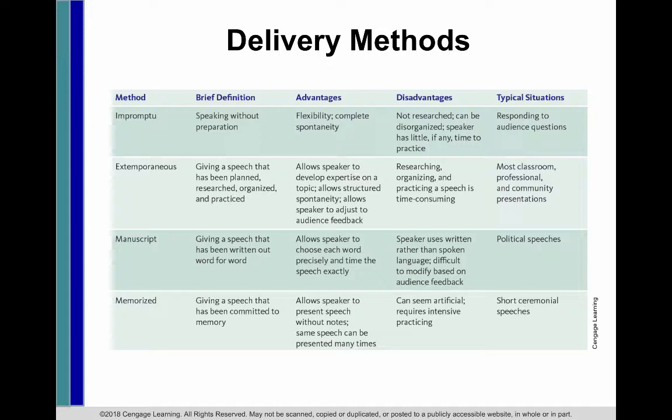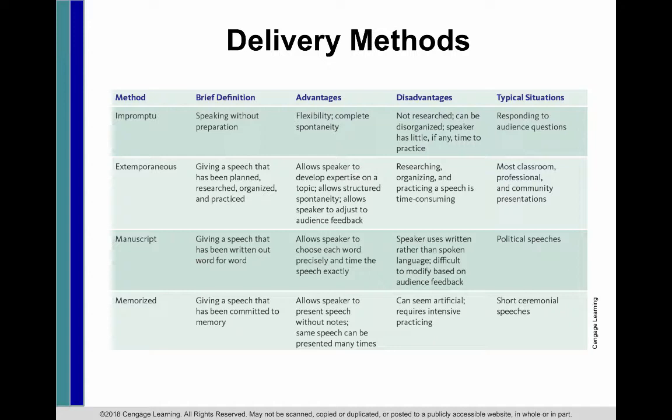The other 2 types of delivery methods are best used in specific situations. Manuscript, which is basically reading an entire speech, is only done in circumstances where every word has to be chosen carefully, but it lacks spontaneity and can be uninteresting to listen to. It's mostly used in political speeches like the State of the Union address.